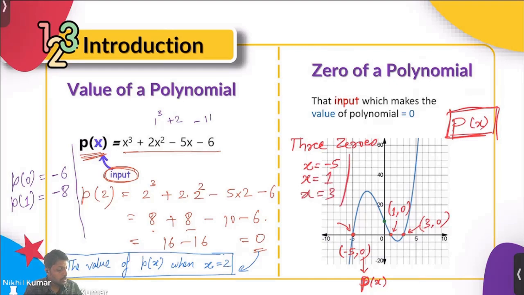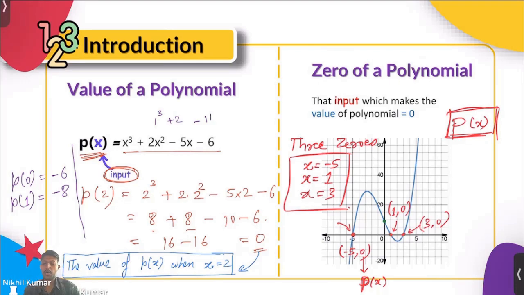So these are the 3 zeros of this polynomial. So in the first case, the polynomial p of x was given to us, x cubed plus 2x square minus 5x minus 6. From there we figured out the 0 of the polynomial. Okay, that's one way. What if the equation is not given and instead of that the graph is given to us?